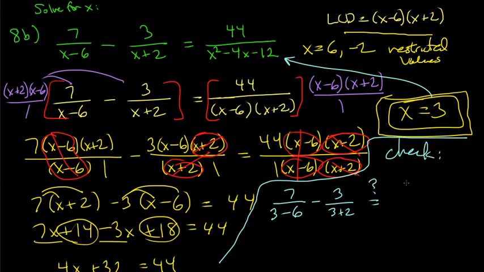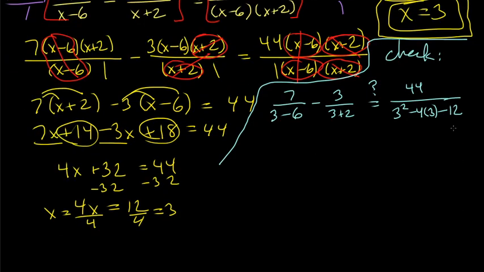Does that equal 44 over x squared minus 4x minus 12, so that's 3 squared minus 4 times 3, minus 12? So that's still a big question here. This is 7 over negative 3, so negative 7 over 3 minus 3 over 5. Does that equal 44 over, so 9 minus 12 is negative 3. Negative 3 minus 12 is negative 15.